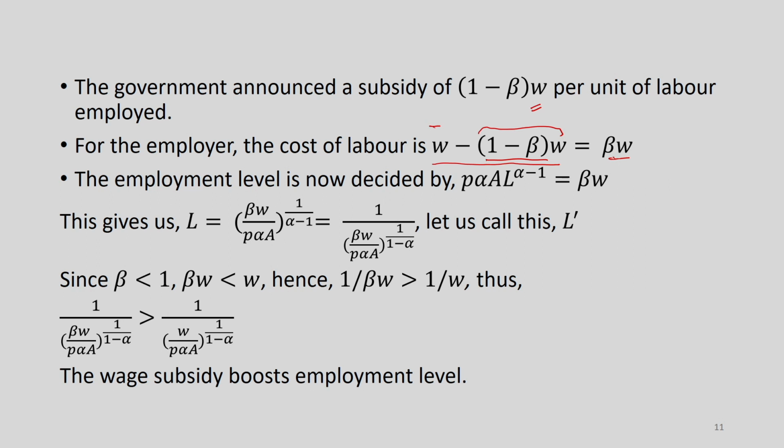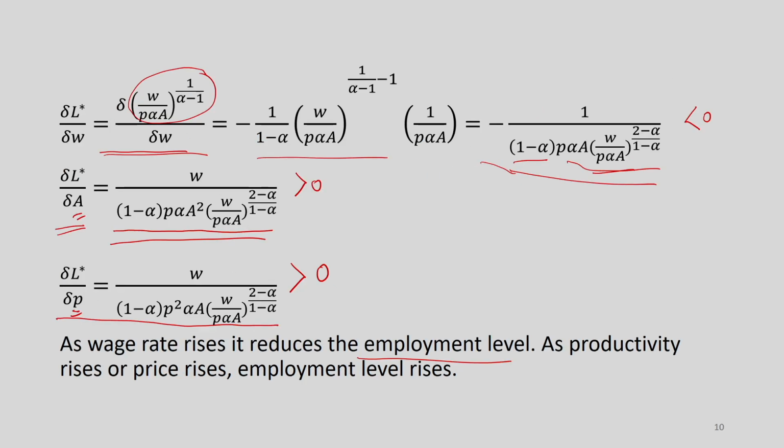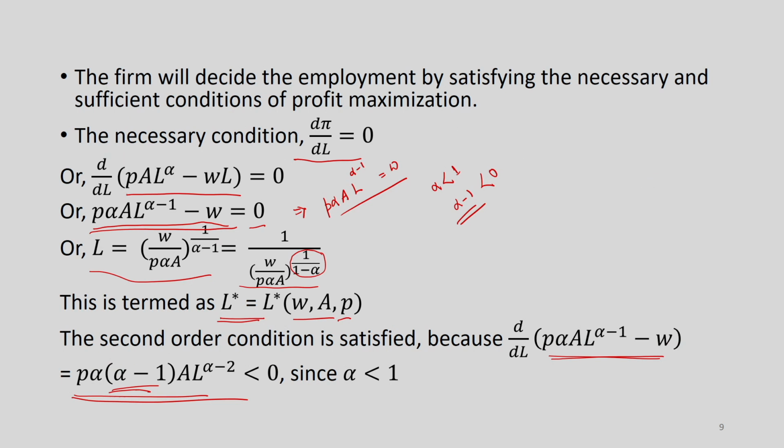Now, this is the wage that is actually paid by the producer, and as we have seen earlier, the optimal employment level is decided by the first order condition. On the left hand side you have price multiplied by the marginal product, and on the right hand side the wage that is paid by the producer.